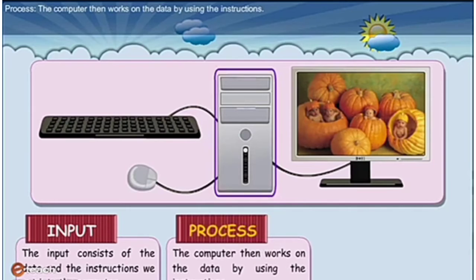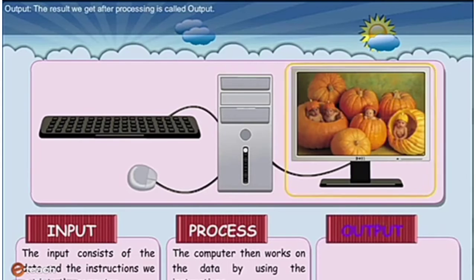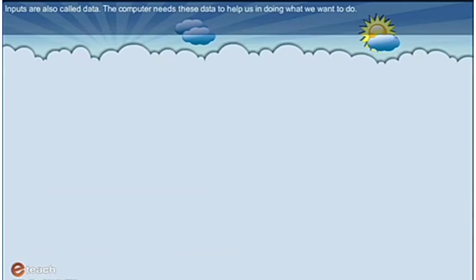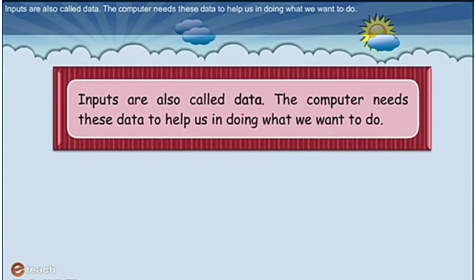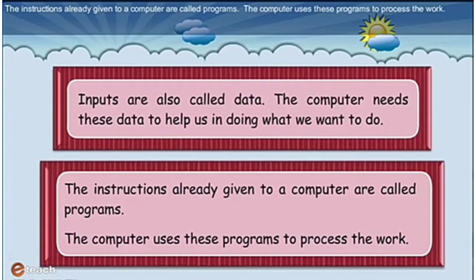Process. The computer then works on the data by using the instructions. Output. The result we get after processing is called output. Inputs are also called data. The computer needs these data to help us in doing what we want to do. The instructions already given to a computer are called programs. The computer uses these programs to process the work.